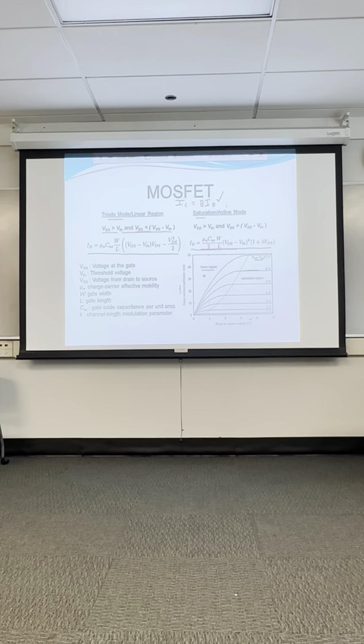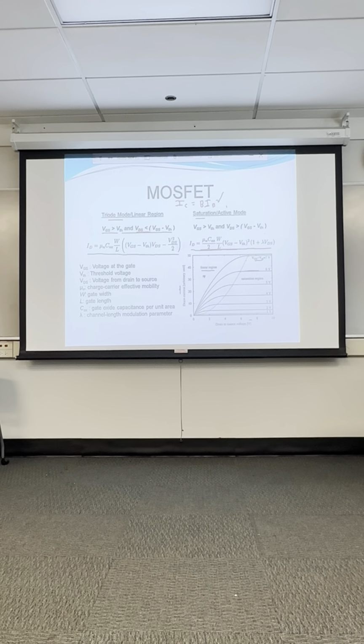Then there's a term 1 plus lambda V sub drain to source. Later we'll find that usually we can arbitrarily decide that lambda is equal to 0, and then we don't have to carry that term. C OX is the capacitance of the oxide in the transistor.